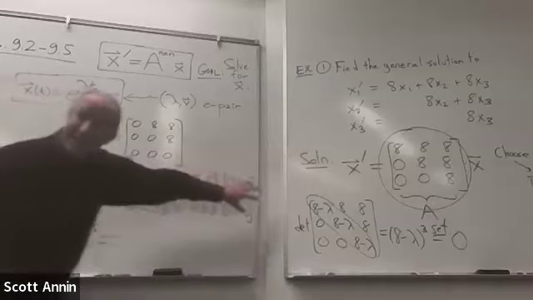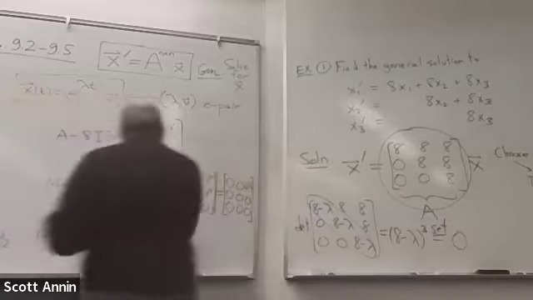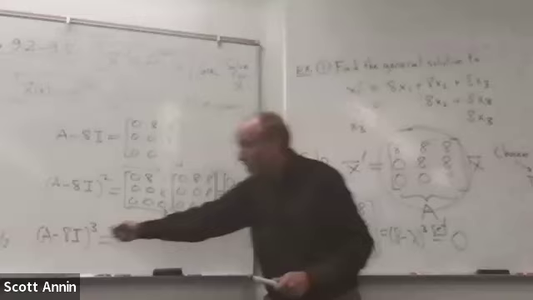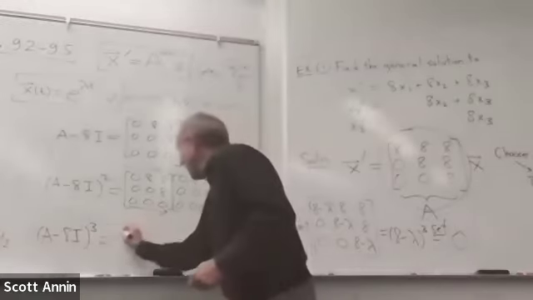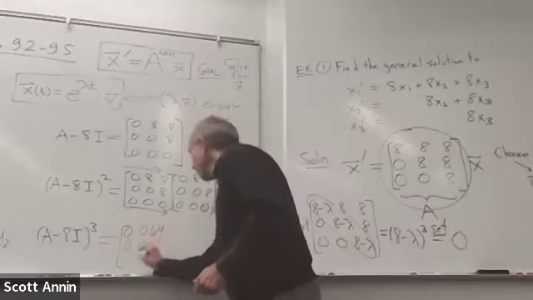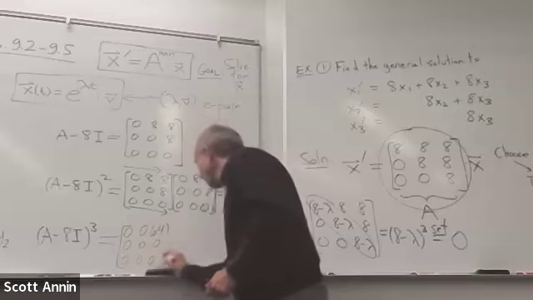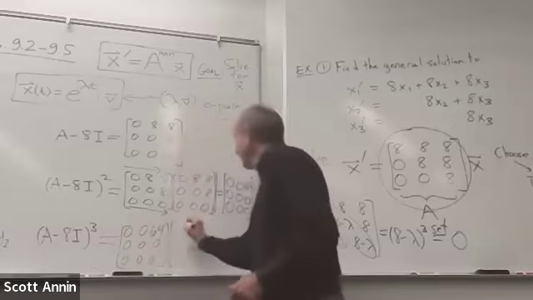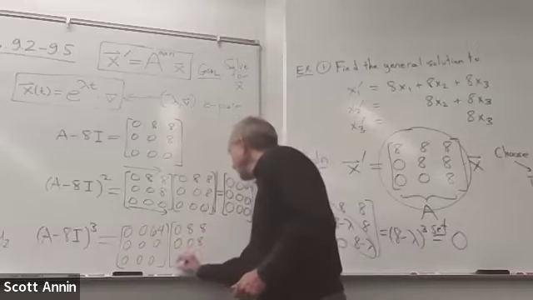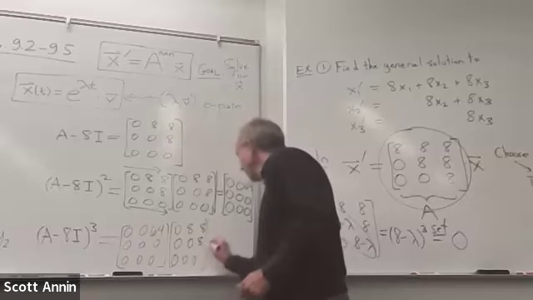If I now take that and multiply by A minus lambda I one more time, right? In order to cube this thing. If I do that, so if I put 0, 0, 64, 0, 0, 0, 0, 0, 0, and I multiply that by 0, 8, 8, 0, 0, 8, and 0, 0, 0.